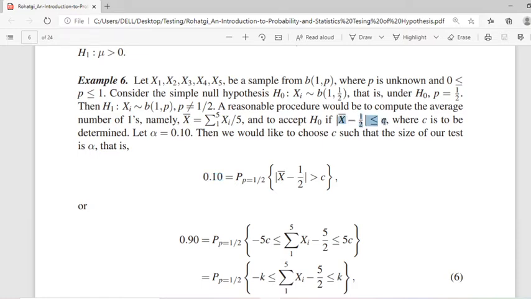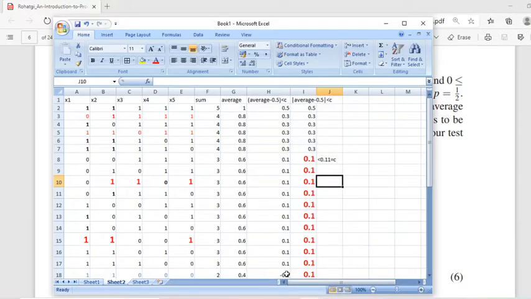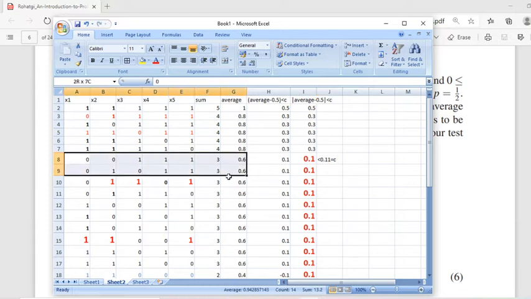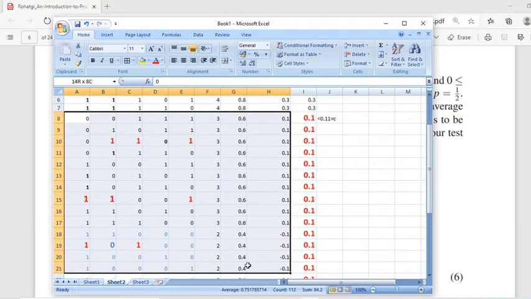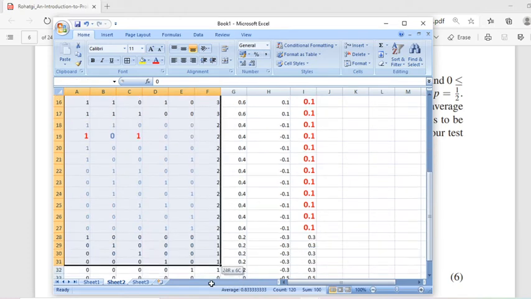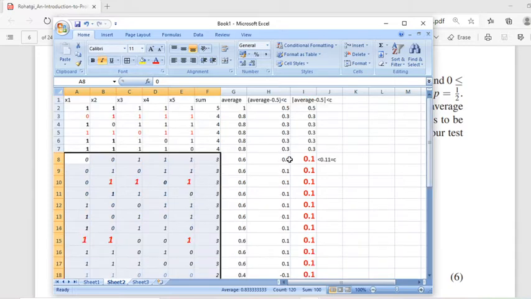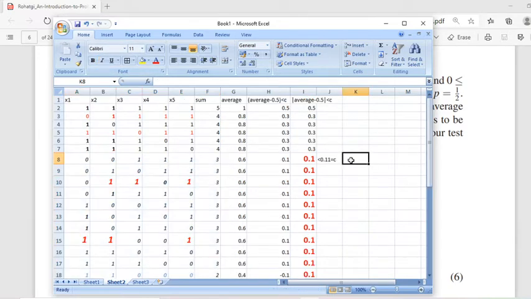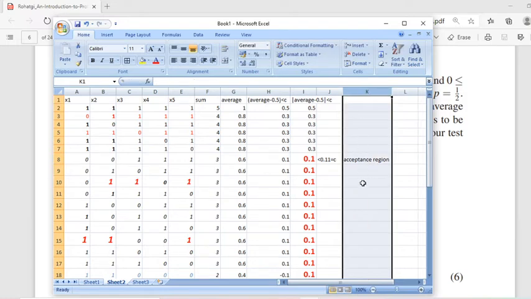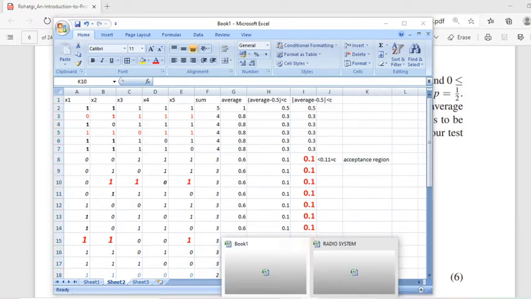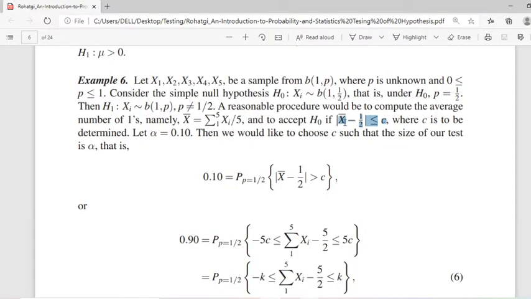Since this is the acceptance region, the vectors come in the acceptance region.